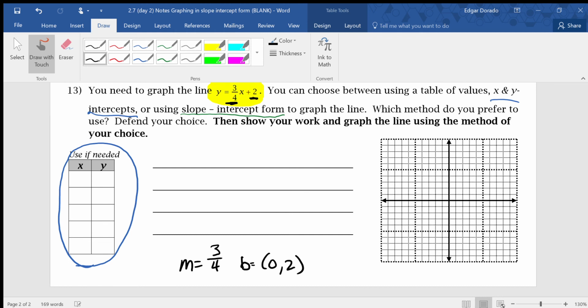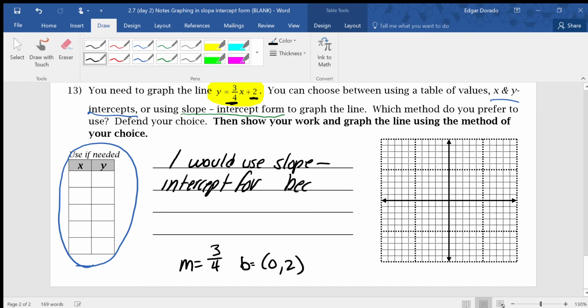Okay? So now, in my explanation, I would say I would use slope-intercept form because the equation is already in slope-intercept form.